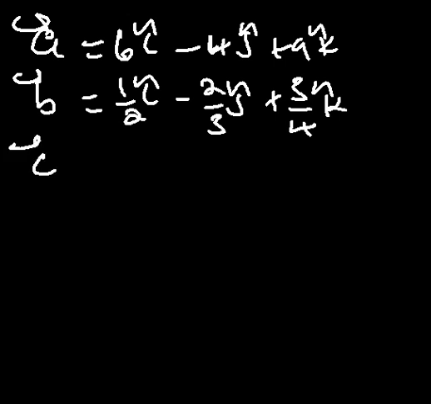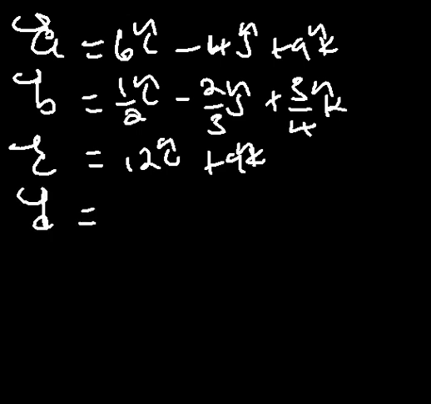And let's say we have a vector C, given as 12i and plus 9k. And we have a vector D, given as i, minus 4j, plus 2k.